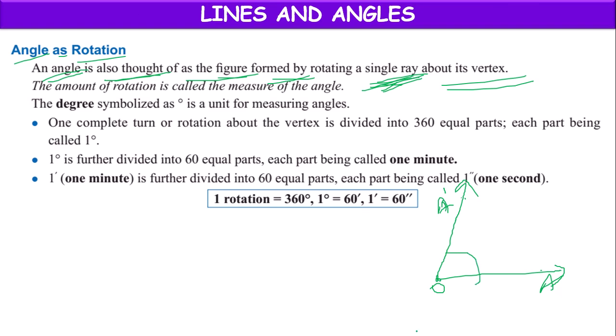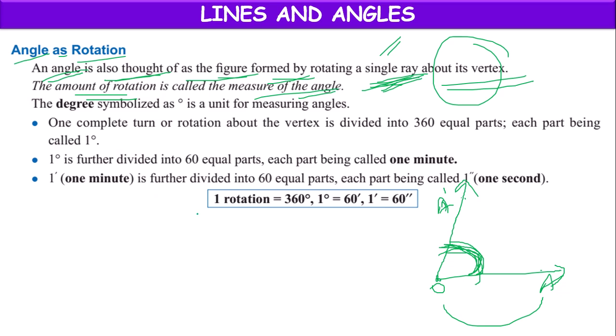So it is not compulsory that we need two rays for the formation of an angle. A single ray can also rotate about its vertex, and that rotation part is taken as an angle, because this is the amount of rotation done by the OA ray. This amount of rotation is called the measure of the angle.